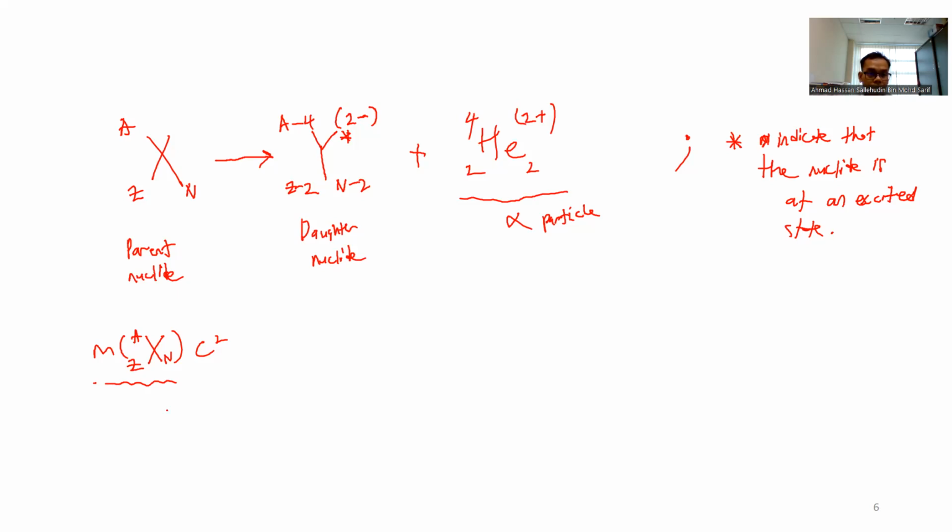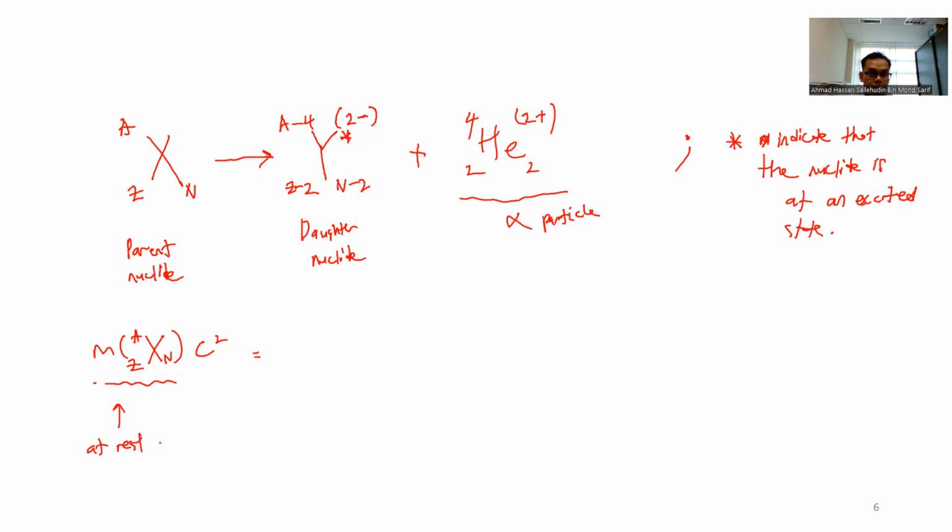And we consider it at rest. To make the argument much simpler, we consider that the parent is at rest, so there's no velocity, so we don't have to consider its kinetic energy.